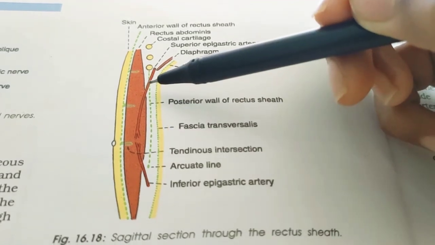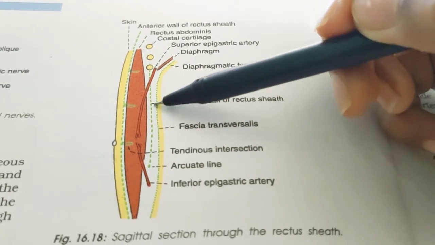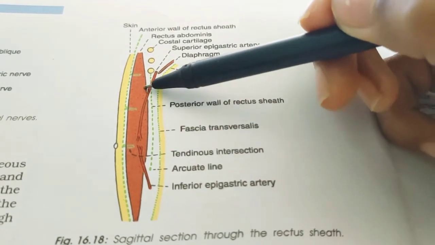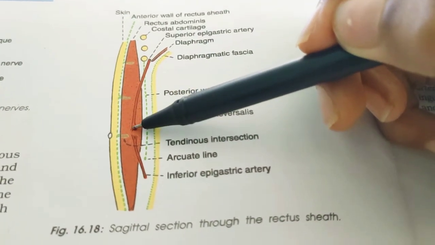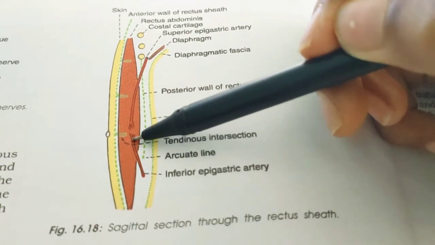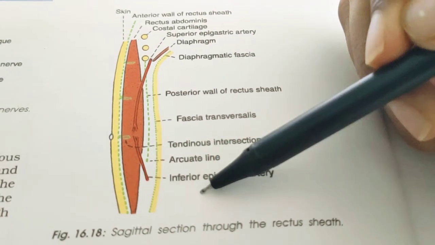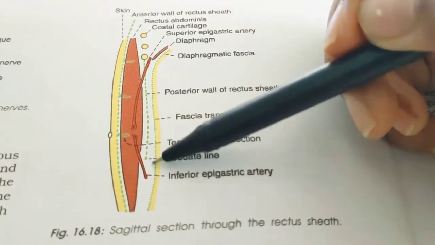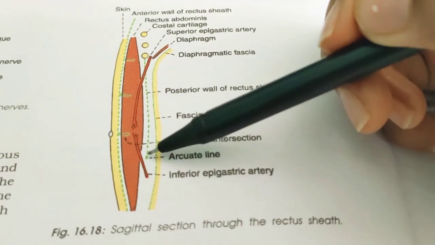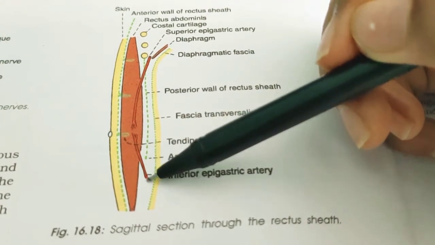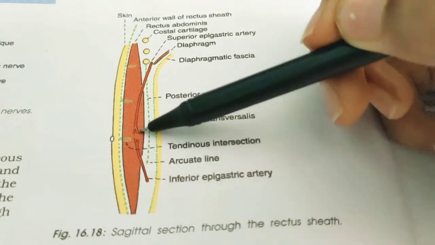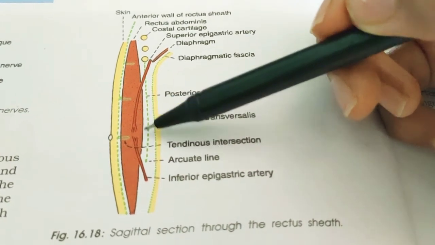If you see the superior epigastric artery, it is piercing both the posterior wall of the rectus sheath and also the rectus abdominis muscle, and it will come here to anastomose with the inferior epigastric artery. Remember that the inferior epigastric artery will not pierce the posterior wall of the rectus sheath. It will just pass below the posterior wall of the rectus sheath, but it will pierce rectus abdominis. So this is the arcuate line.